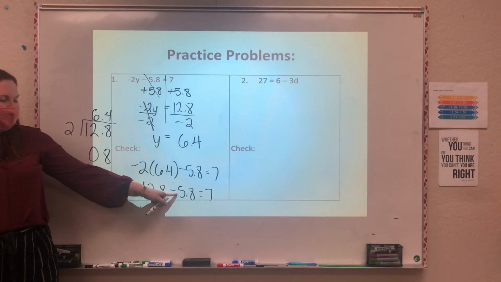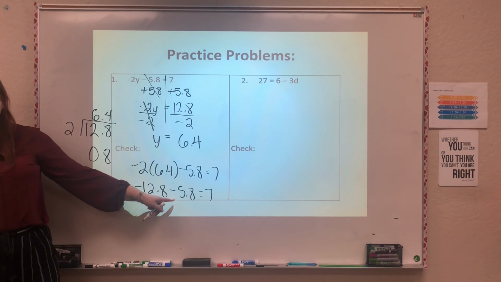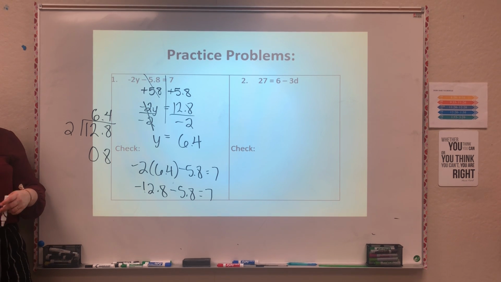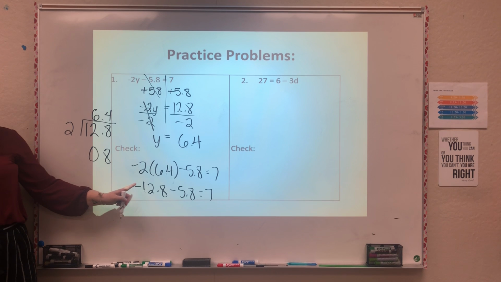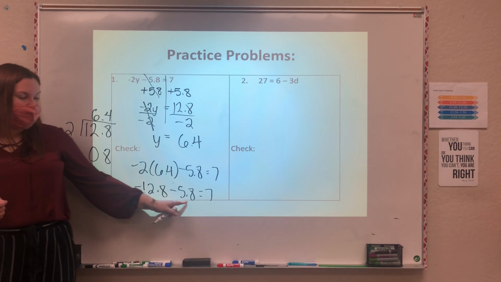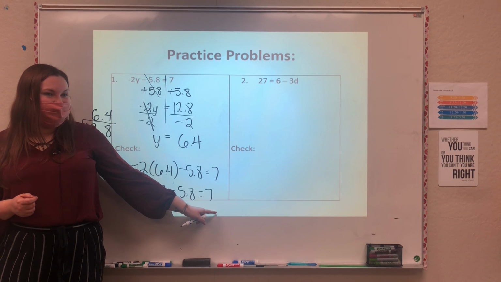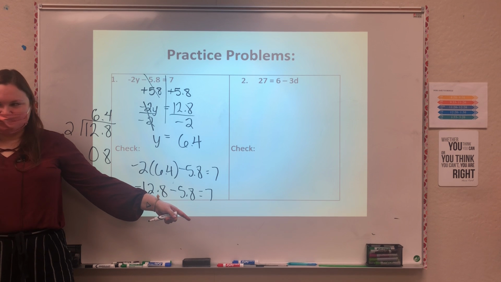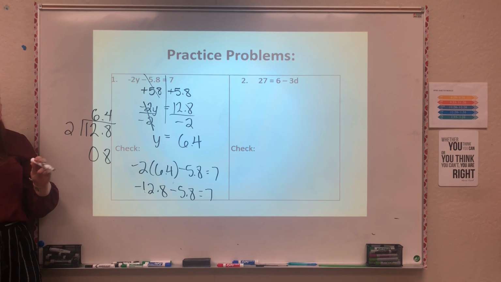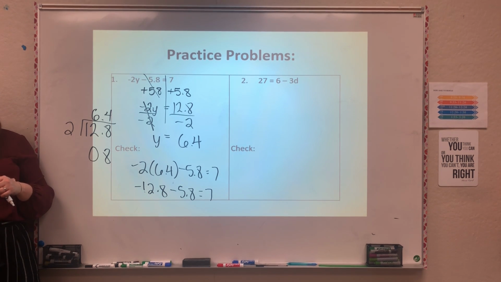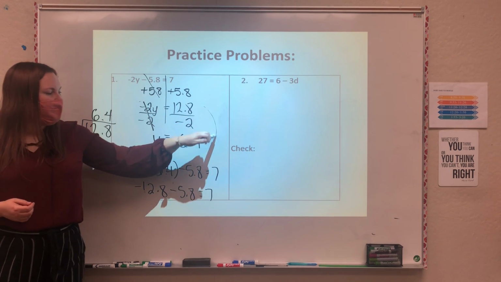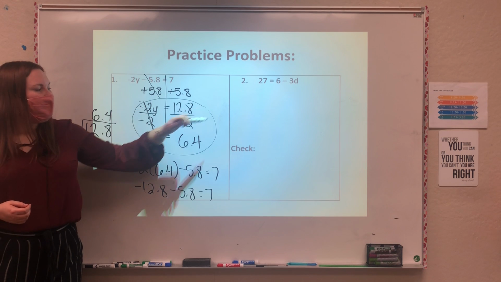What happens when you've got two negative numbers? You can put the parentheses, though it's not necessary. What do you do mathematically when they're both negative? You add them. So is this going to give me 7? If you add 12 and 5, is that going to give you a 7? No. Somewhere there's a mistake. Go back up to that last part, somewhere in this area.